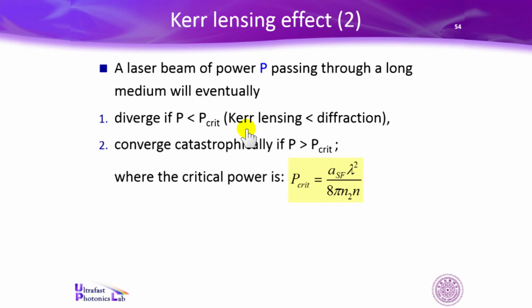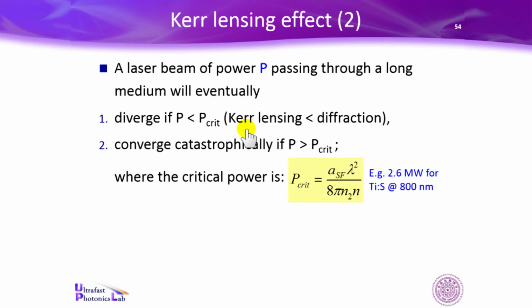But if the laser power is larger than the critical power, eventually the laser beam will be focused smaller and smaller until breakdown or damage. Okay? And the critical power is governed by this formula. Okay, I do not show you how to get it, just a formula cited from our textbook.